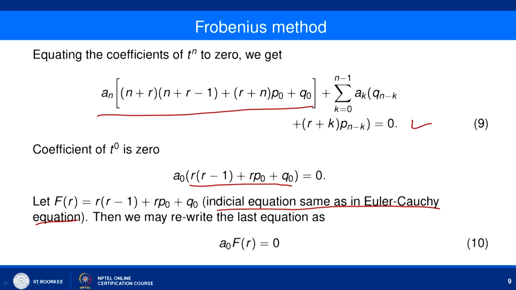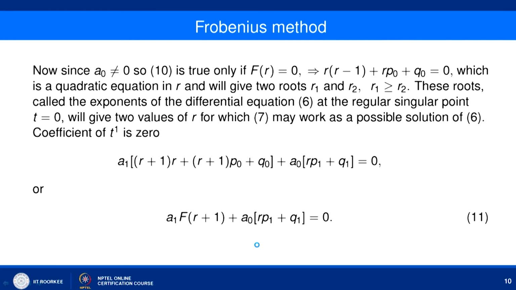So if we take this expression as f of r, then we can write this as a naught into f of r equal to 0. Here we have already assumed that this a naught is non-zero. So the coefficient of t to the power 0 has to be 0, provided that f of r is 0.